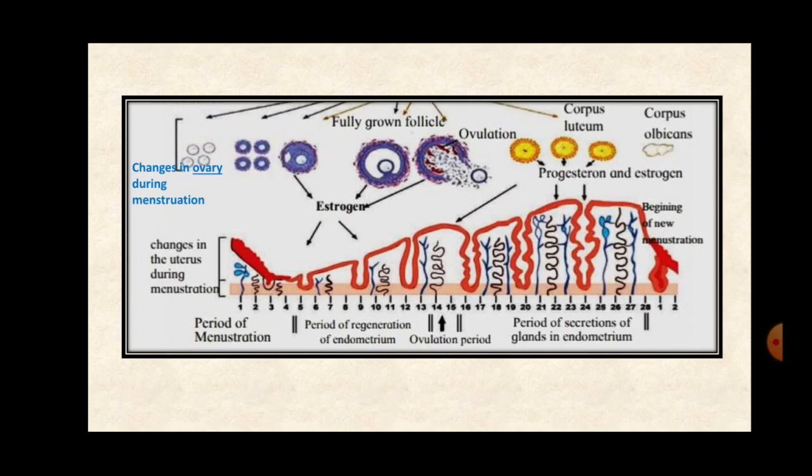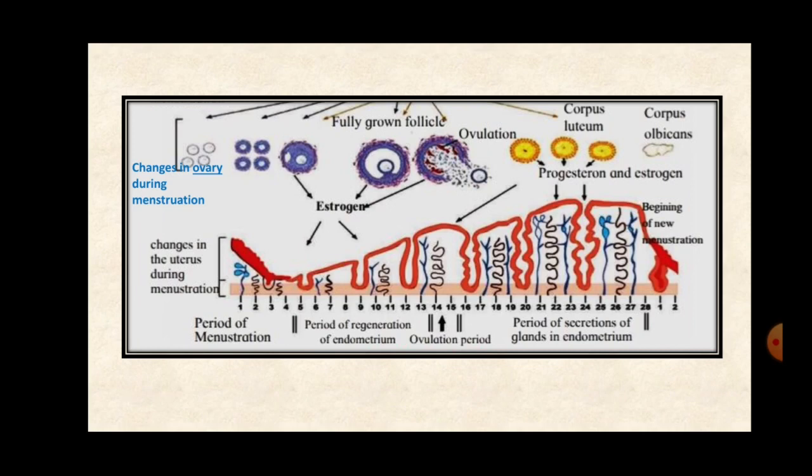Now, whatever tissues are there of this degenerating endometrium, I told you the endometrium is a tissue. So the degenerating endometrium and the unfertilized ovum that is present in the oviduct together are discarded out through the vagina. Clear? The ovum that was awaiting fertilization in the oviduct has not been fertilized.